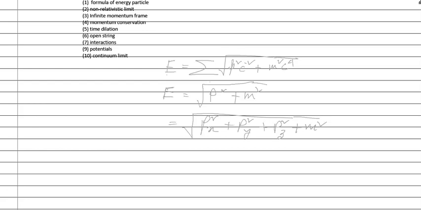Now we are boosting the hell out of the system along the z-axis until every single particle has huge momentum along the z-axis. If any particle is going backward on the z-axis, we haven't boosted it enough, so just boost it more until it's going forward with a large momentum.